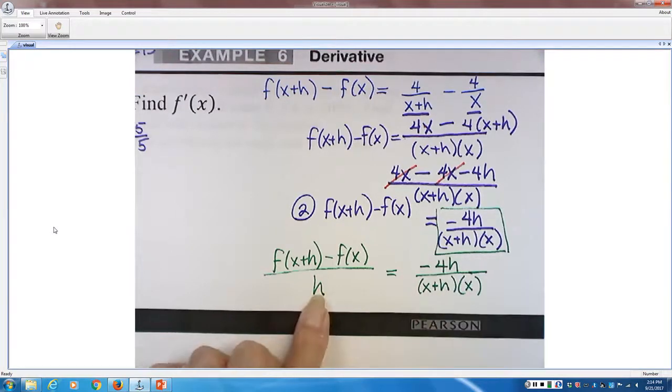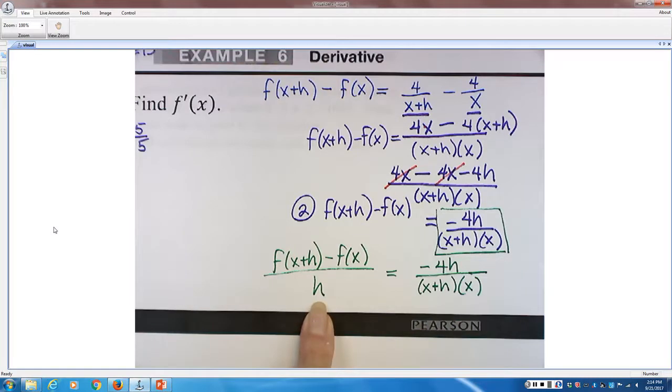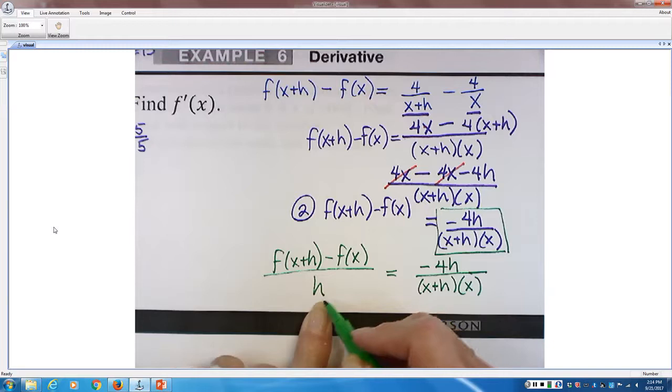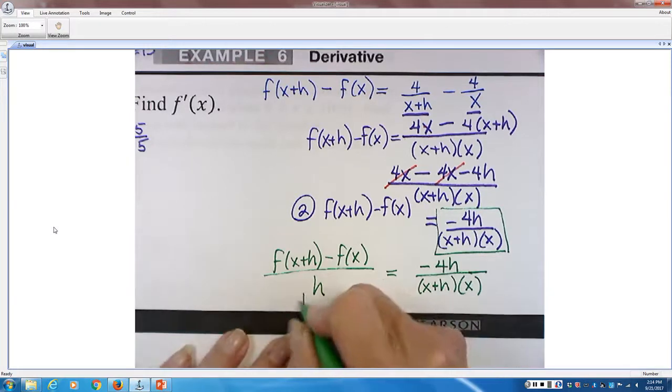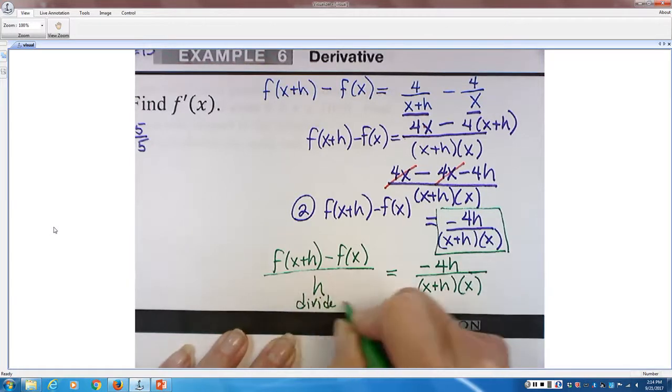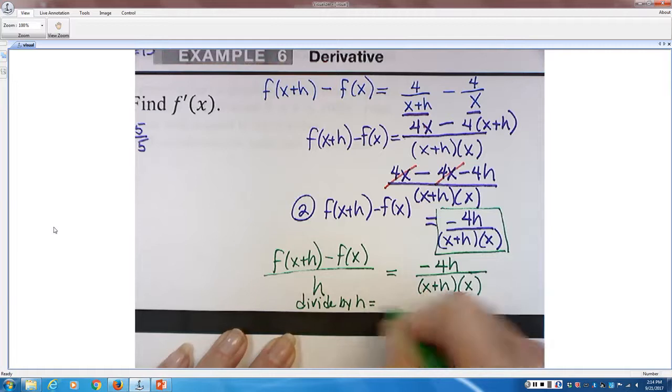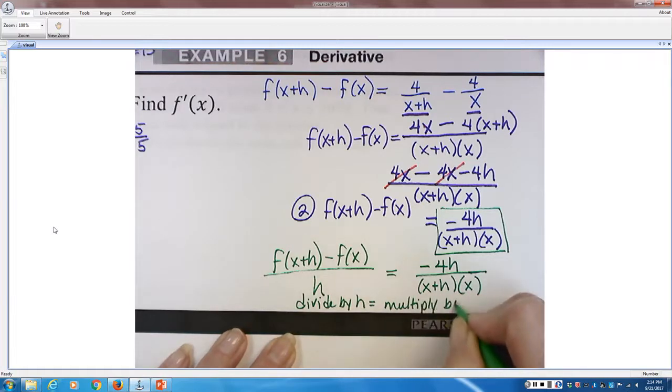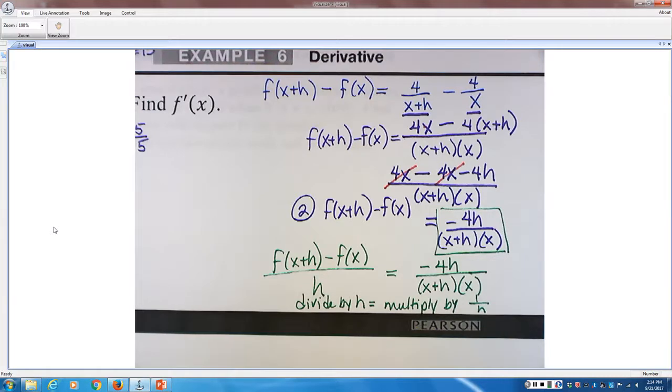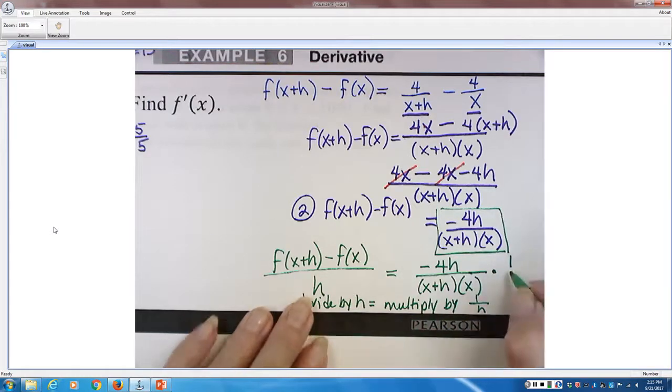When you divide by something, how can you convert that division into a multiplication? Instead of dividing this by h, it's the same as multiplying by 1 over h. So I'm going to multiply that by 1 over h.